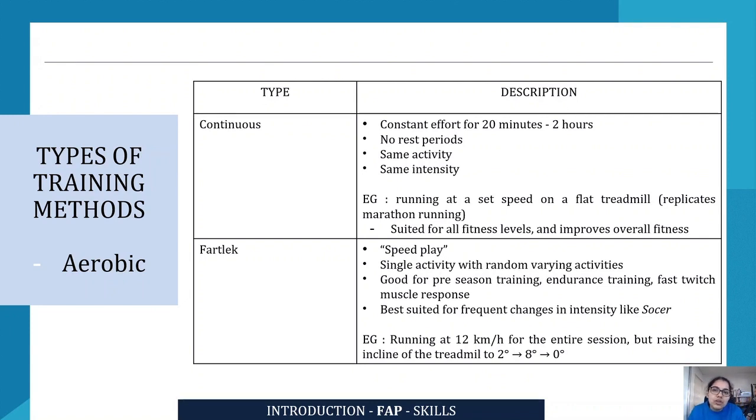So it's best suited to sports with frequent changes in intensity, again, like soccer. Examples can include running at 12 kilometers per hour for the entire session, but then raising the treadmill incline from 2 degrees to 8 degrees to 0 degrees. So there's that variation that's not monotonous, unlike continuous.